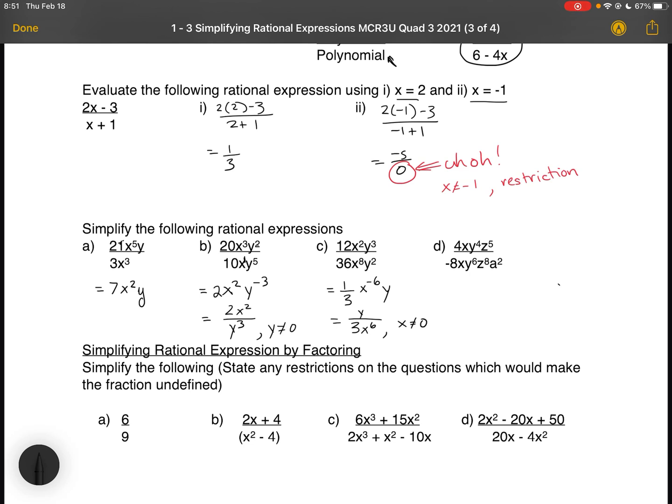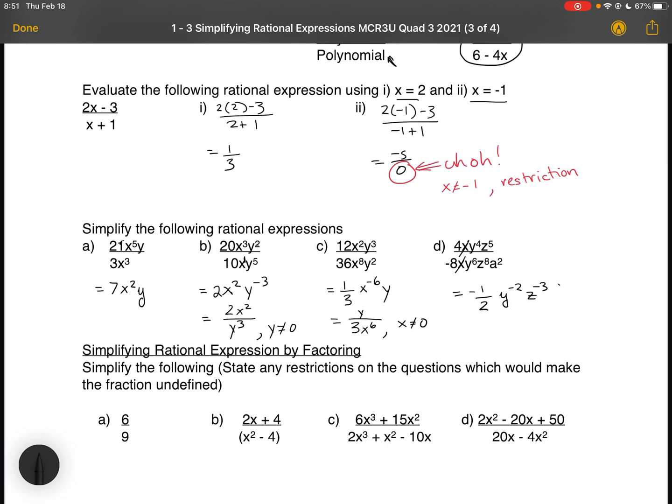Our last one in this set, I'm going to start off with my numbers. So 4 over -8 is the same as -1/2. Then I'm going to look at my x's. I have 1x on the top, 1x on the bottom. So no x's left. Y to the 4 divided by y to the 6 is y to the -2. Z to the 5 divided by z to the 8 is z to the -3.